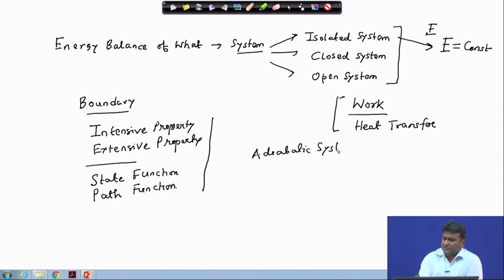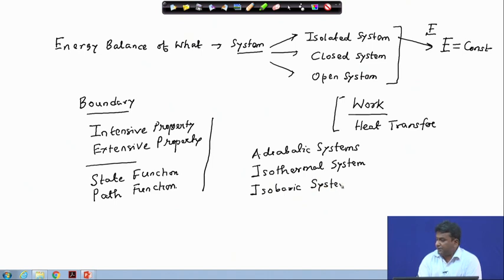You can probably at this point of time talk about different types of systems from the standpoint of the nature of the work and heat, like adiabatic system, isothermal system, isobaric system, isochoric system. Please do understand that these are very simple terms for us, but for the students they are learning it for the first time, so it is important you highlight each one of them.